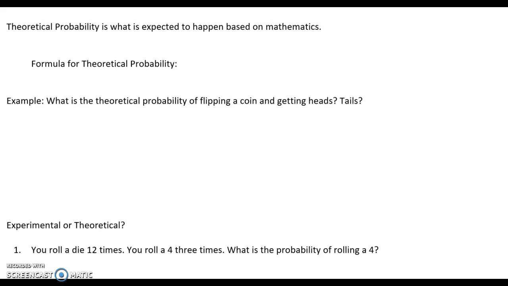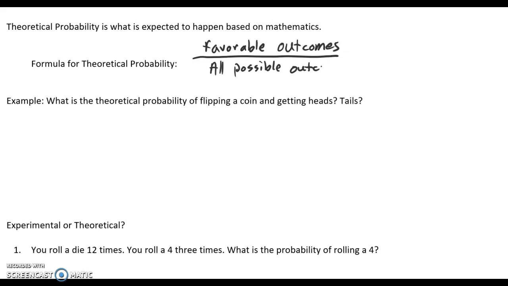So to find theoretical probability, we're going to do our favorable outcomes, basically what we want to happen, over all possible outcomes. In the example, we're still going to keep with flipping a coin, because we know that 7 out of 10 times getting a heads isn't actually that probable, even though it looked probable in that experiment.